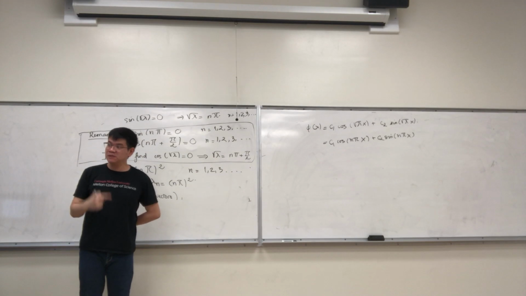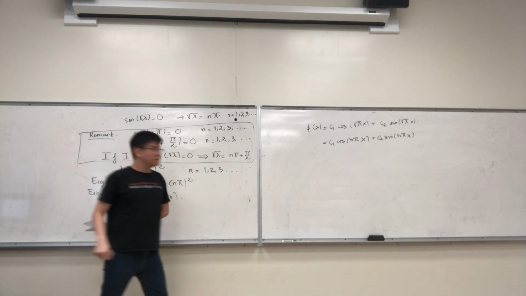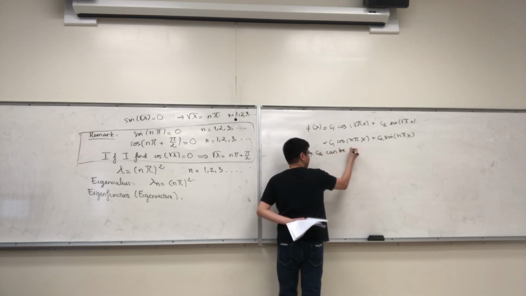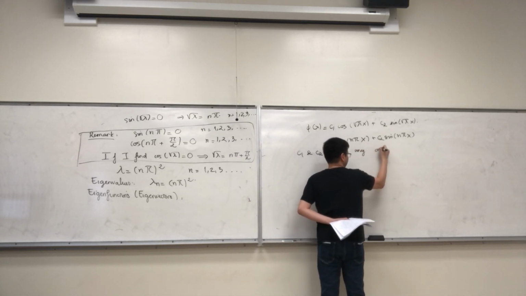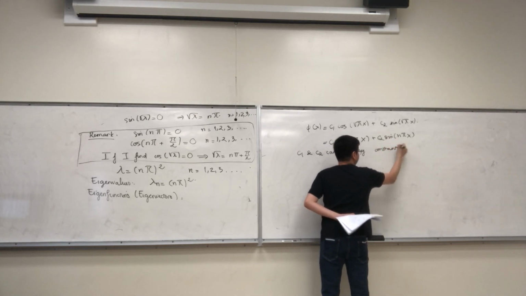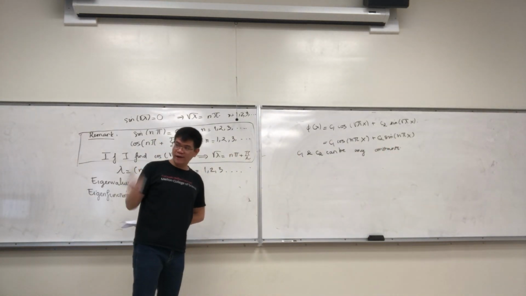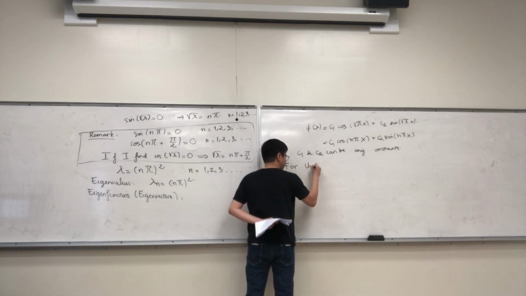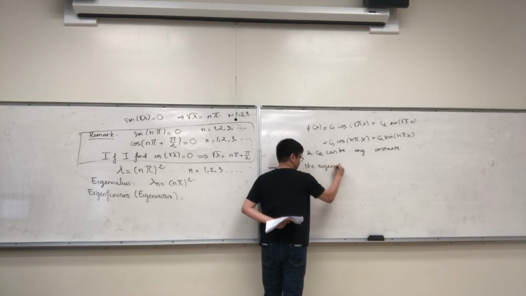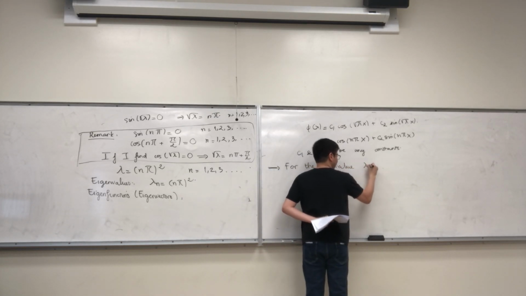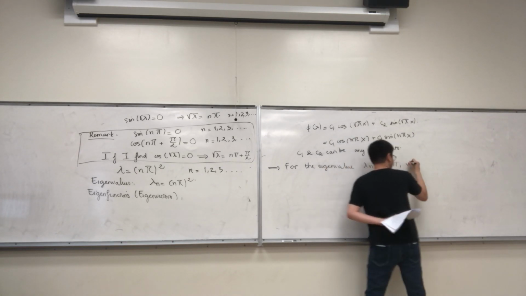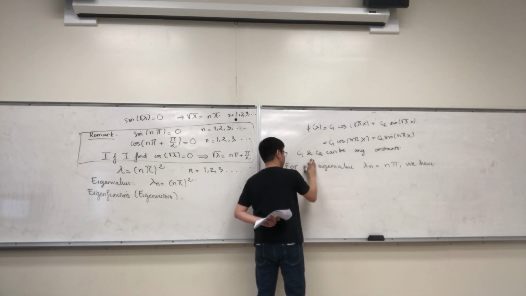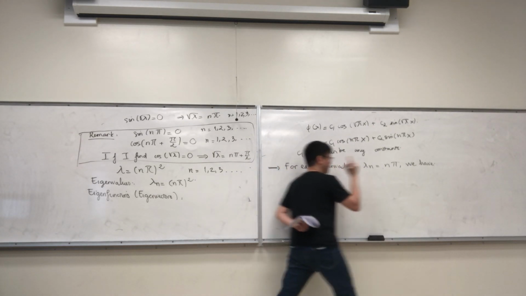So in this problem, C1 and C2 can be anything. Any constant. All right? So which means that for the eigenvalue lambda n is n pi, for each eigenvalue, we have two eigenfunctions.